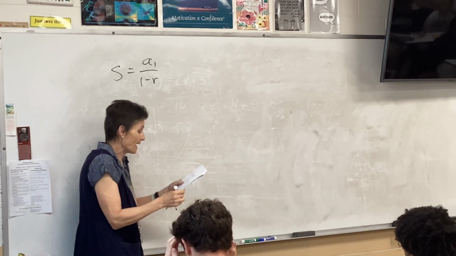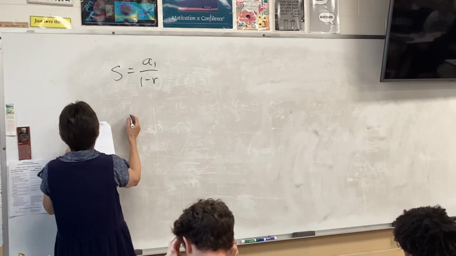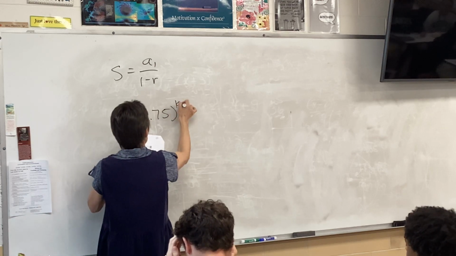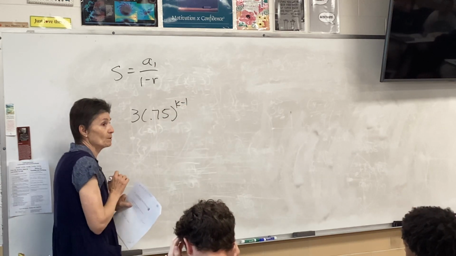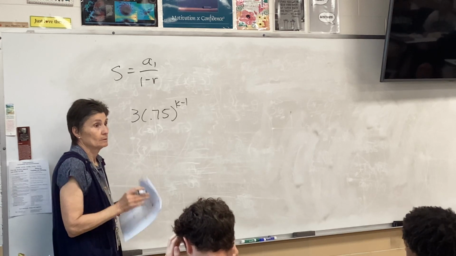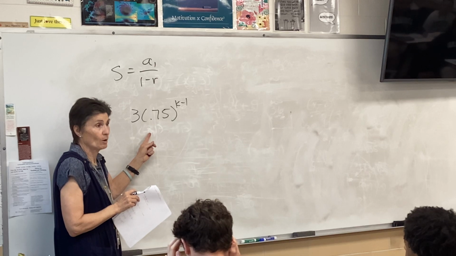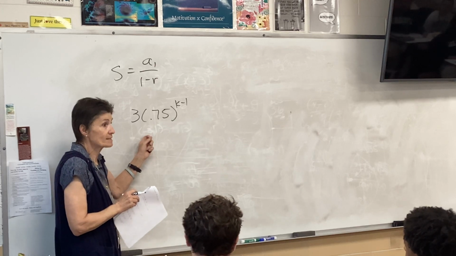So let's look at problem A. When you look at this expression, what is the common ratio? 0.75. Is that going to make the terms get bigger or smaller? Smaller. We can sum this.